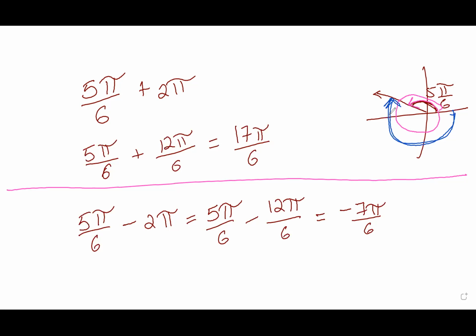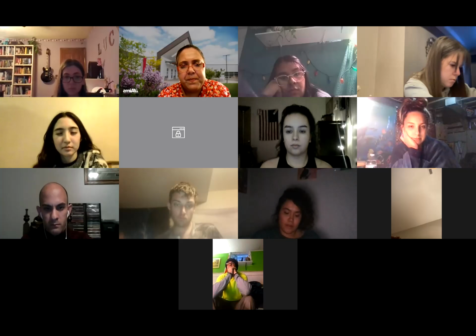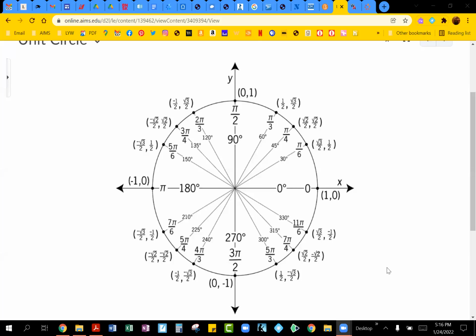Because if you again look at the unit circle, and let's go back to our unit circle here, right over here. Yeah, so you can see, when you're talking about positive 5 pi over 6, and on the other side, you will see that is 7 pi over 6.